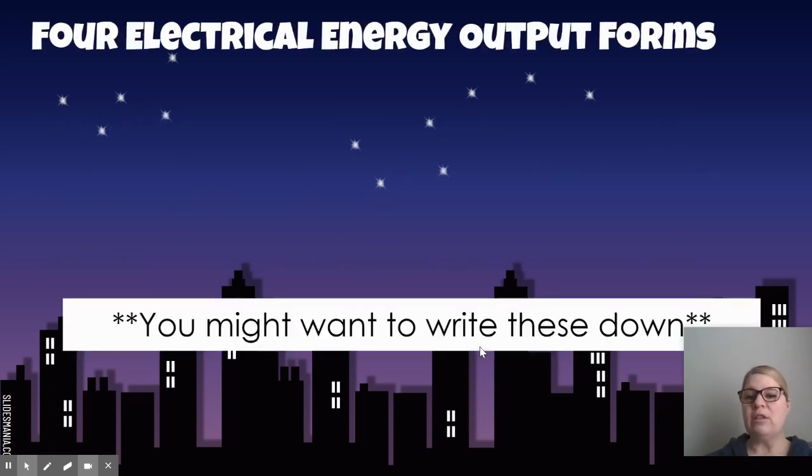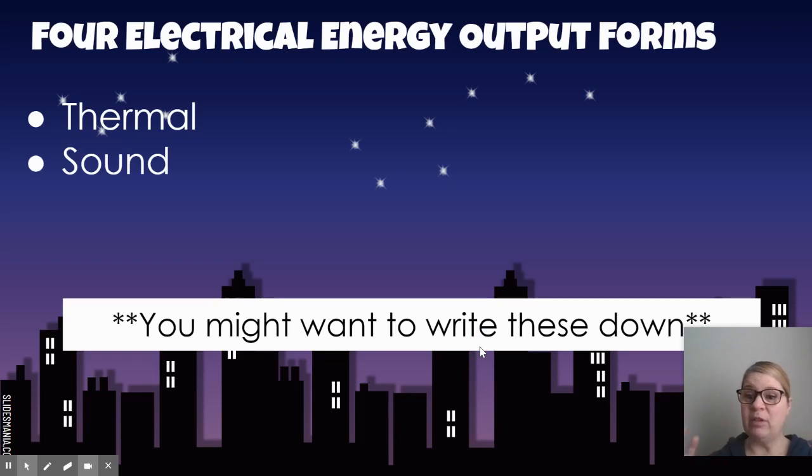So we need to know and remember what those specific forms of energy output are. So can you think of them? We read about them in our reference book last week. Okay, you're right. The first one was thermal heat, thermal energy. Second one was sound.